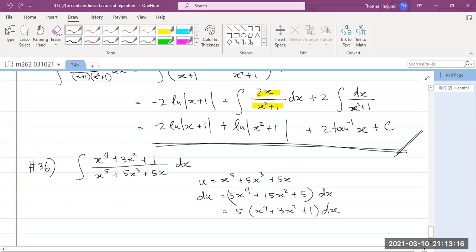So this is now du over 5 over u. That's 1/5 natural log of u. End of story.